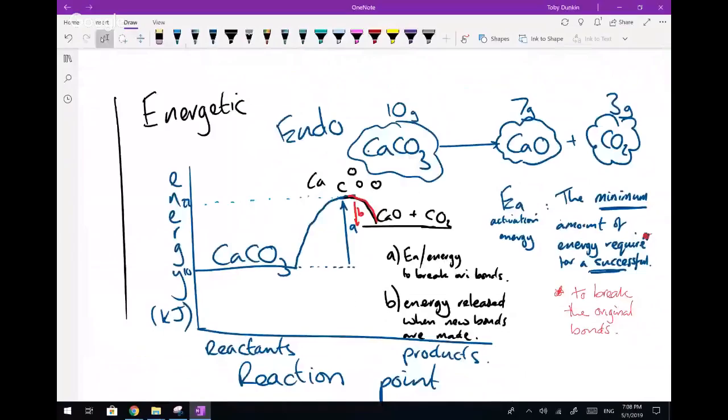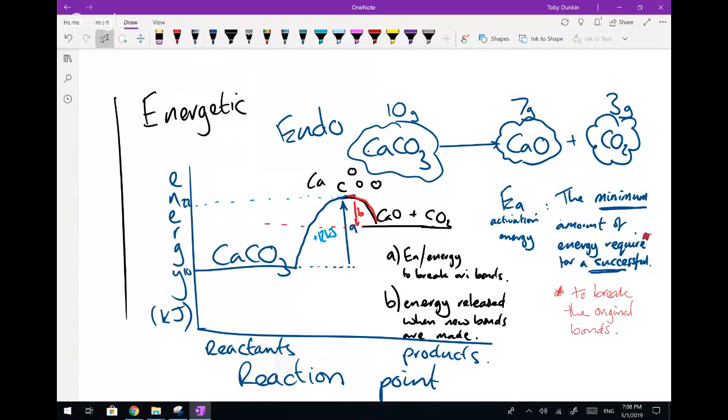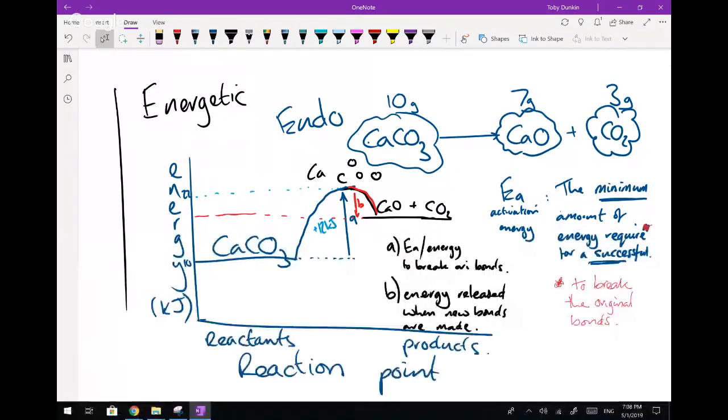This is add 12 kilojoules of energy. And then B has given us a lot less back. We've now gone from 22, and we've dropped down to something like maybe 20, maybe 19. Not that I'll do 20. So this has released 2. So that has given out 2 kilojoules of energy.